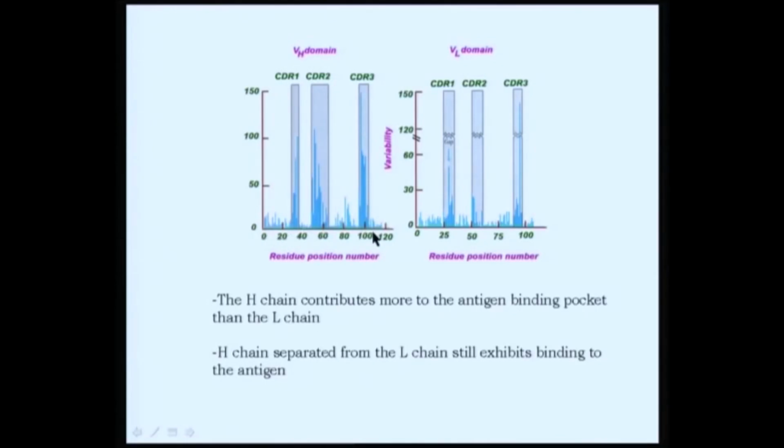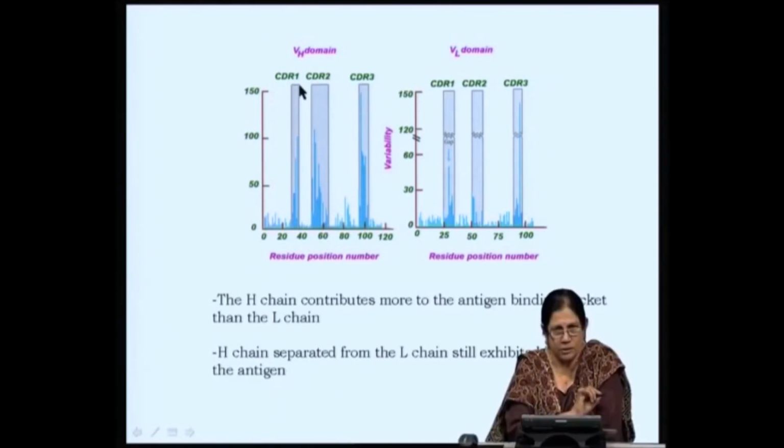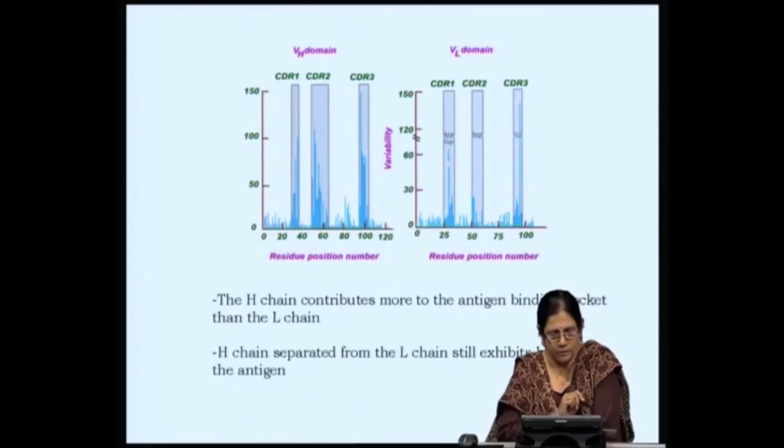So, they coined the terms CDR 1, 2 and 3. CDR stands for complementarity determining regions, because by then they already knew that these were the regions by which antibodies or B cell receptors bound their cognate antigen.